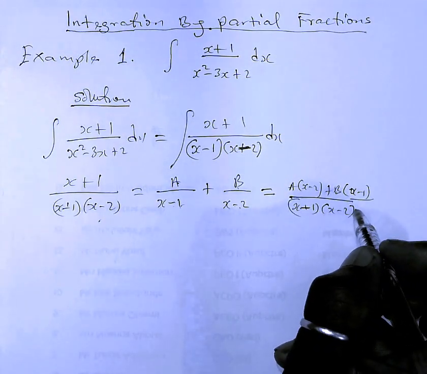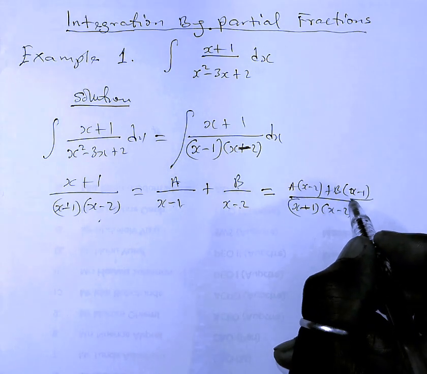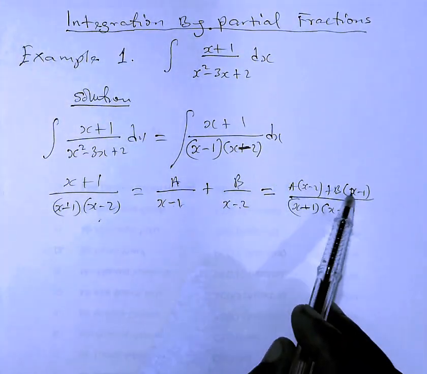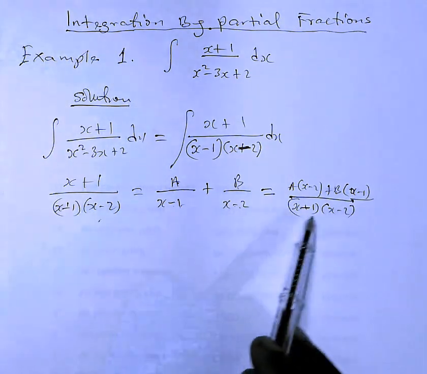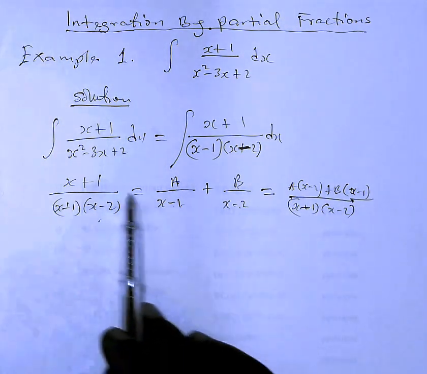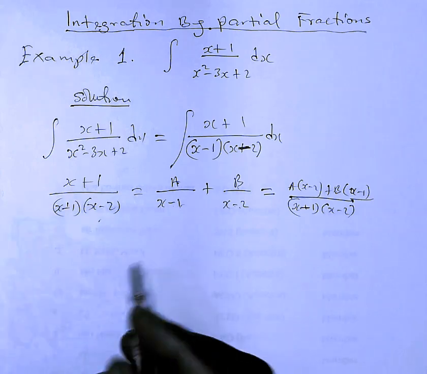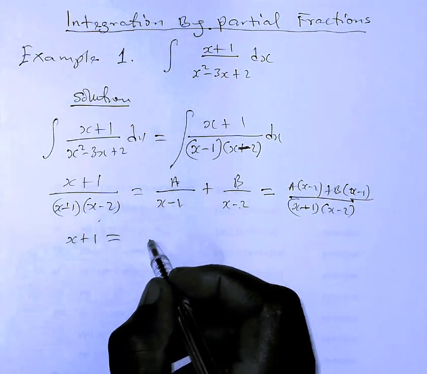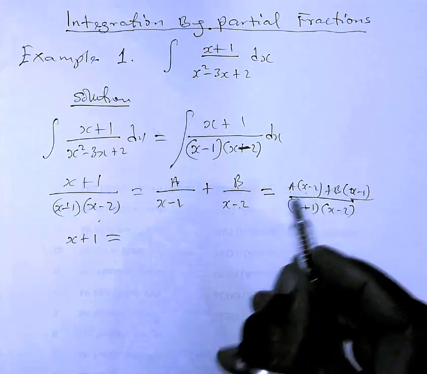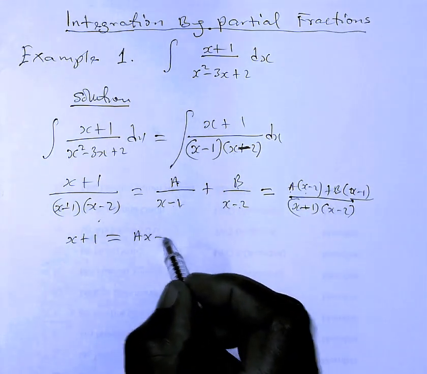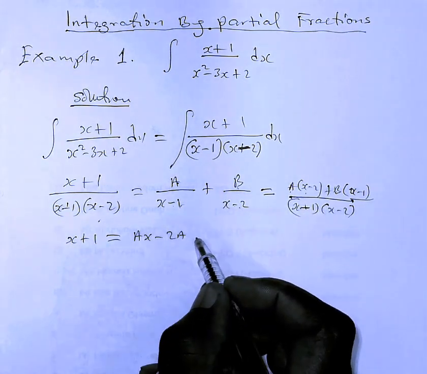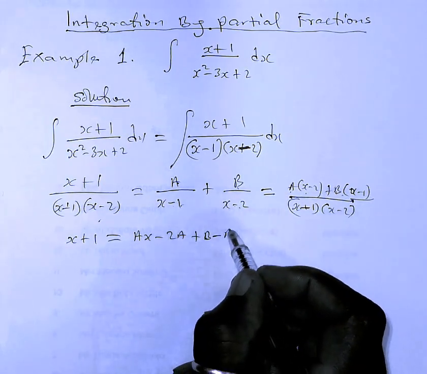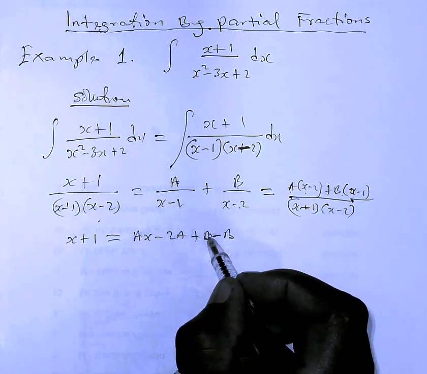Now this is the numerator and this is also the numerator, and the denominators are the same. Since they are the same, we equate them: x plus 1 equals Ax minus 2A plus Bx minus B.